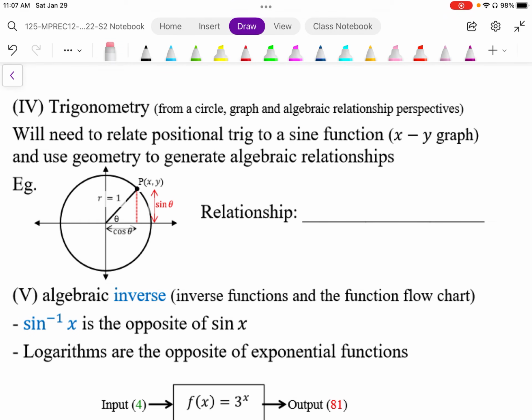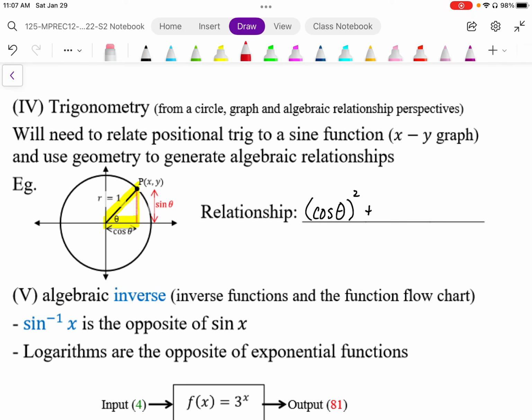So if we focus on this circle, but look at it in terms of triangle trig, that's a right triangle, and we can start generating relationships. For example, since it's a right triangle, it follows the Pythagorean relationship. And we can end up with a relationship that looks like this. Since in a unit circle the cosine represents an x value, we can take that x value and square it, and then we can add it to the sine.